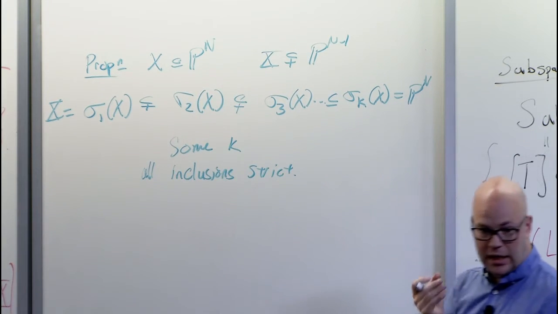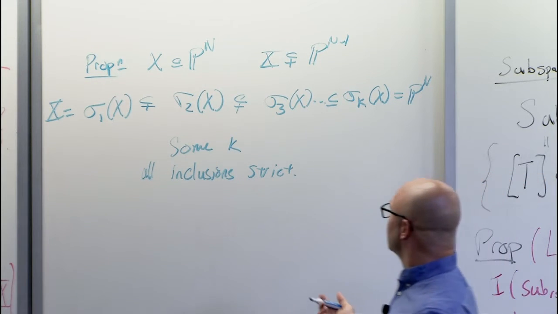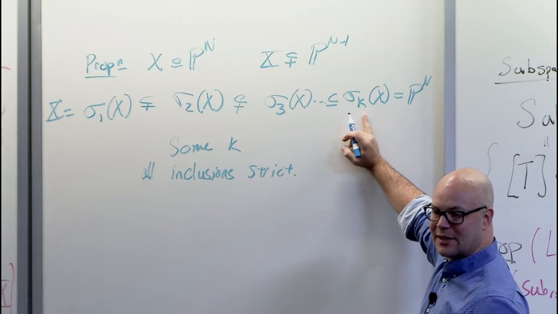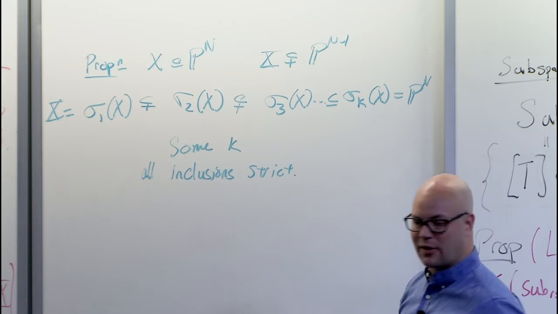So if you keep taking higher and higher secant varieties of a given variety, as long as it's linearly non-degenerate, it's eventually going to fill the ambient space where it lives. The last k for which we can find a non-trivial inclusion, we're going to call the expected rank.